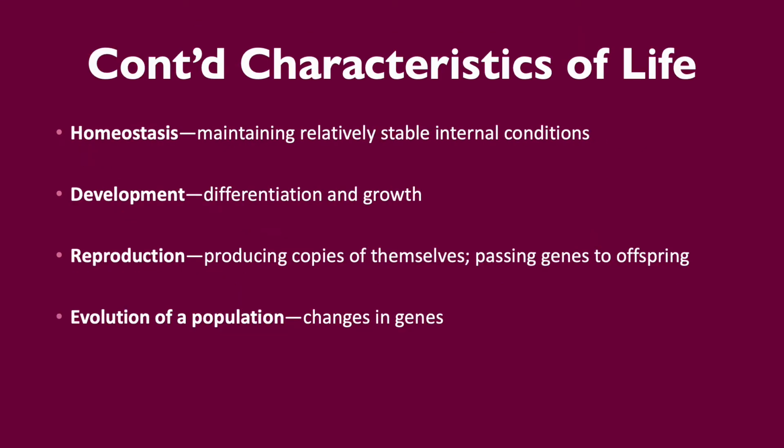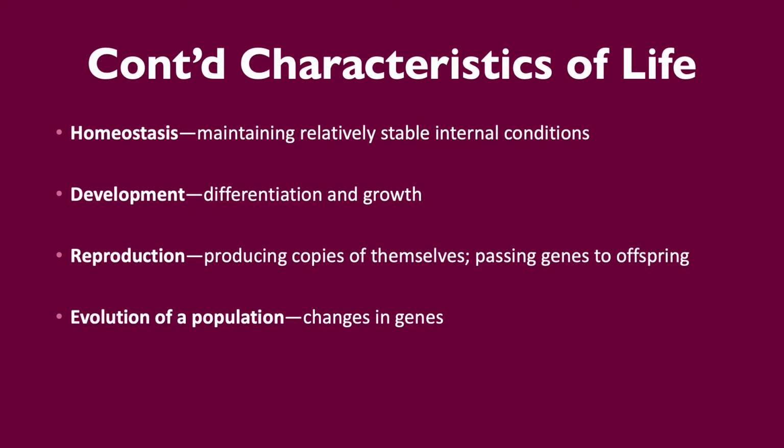Continued characteristics of life would be homeostasis, which is maintaining a very stable internal condition. When homeostasis is off, it often leads to illness or death. Development, differentiation, and growth, meaning we grow.